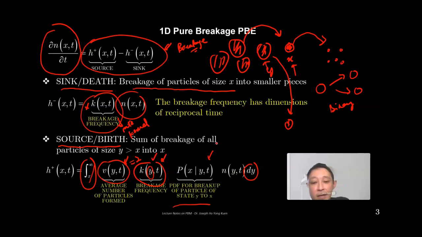This gives us the probability density function of how your particle breaks. If your particle doesn't break randomly, and has a particular pattern of breaking, then this will be accounted for by the probability density function. This is the number density function, and this whole thing is integrated over dy from x to infinity. Again, it represents the sum of all the breakage of particles that are larger than x breaking into x. So this is what is given by the source term.